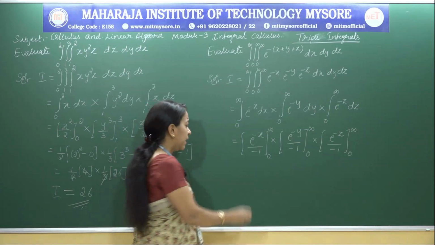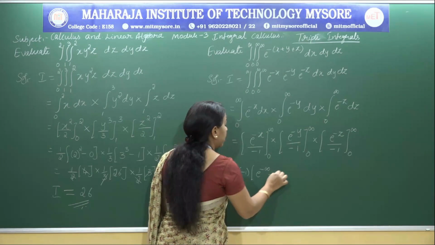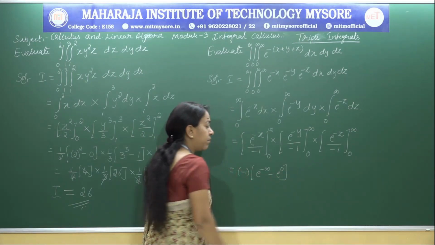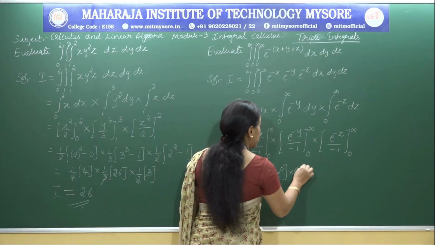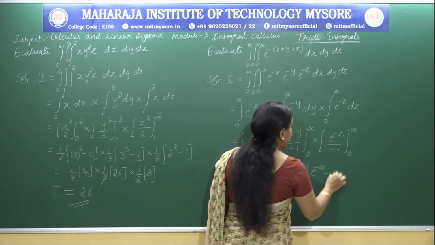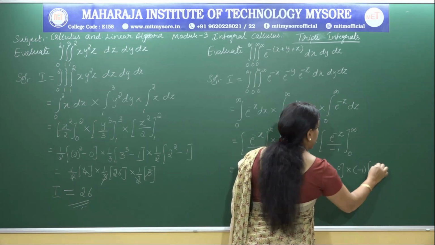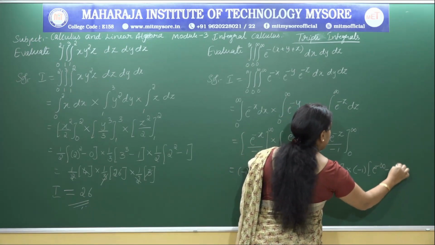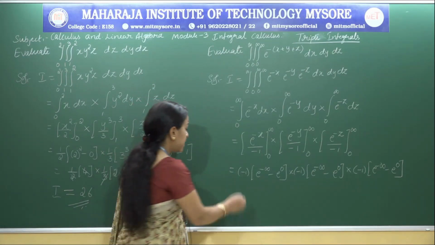Now apply the limits: minus 1 common, upper limit infinity, lower limit 0, e power minus infinity minus e power 0, into minus 1 common, e power minus infinity minus e power 0, into minus 1 times e power minus infinity minus e power 0. Now simplify this.